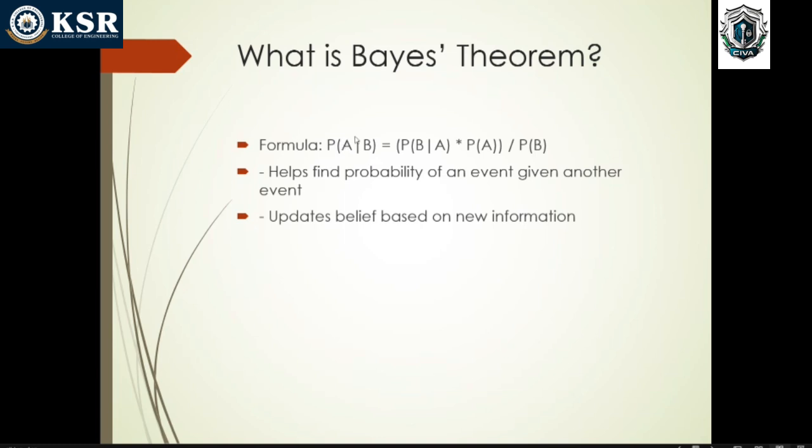P of A given B is the probability of A given B, and P of B given A is the probability of B if A is true. P of A is the prior probability, and P of B is the probability of B. Bayes theorem helps us to update probability as new information arrives. It is updating belief based on new information.